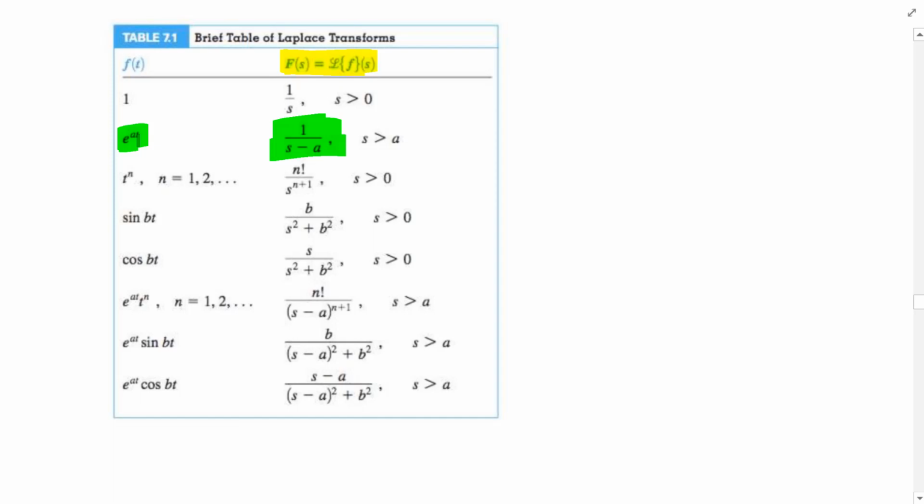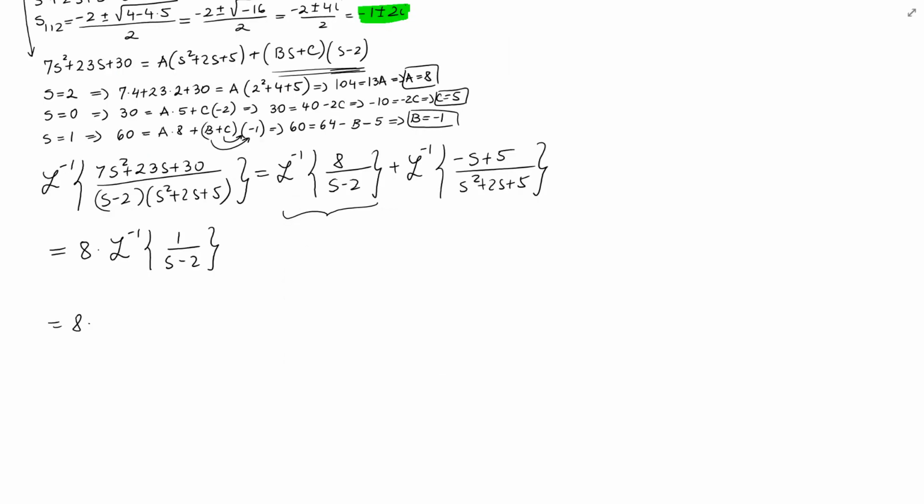In our case, a is 2, so it's going to be e to the 2t. So we just found this piece.